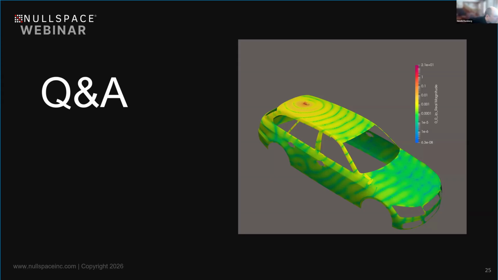Yes, I saw one interesting short question about whether the car acts as a ground plane or as a secondary radiator. The car is a ground plane. We don't connect the antenna to the car.